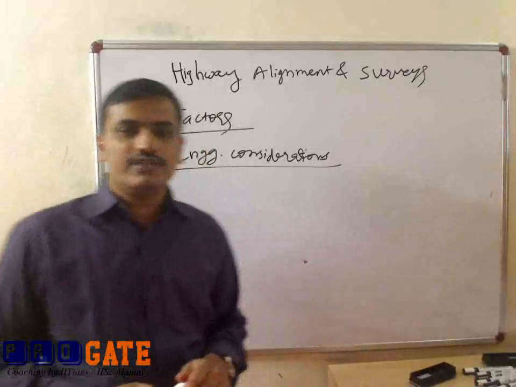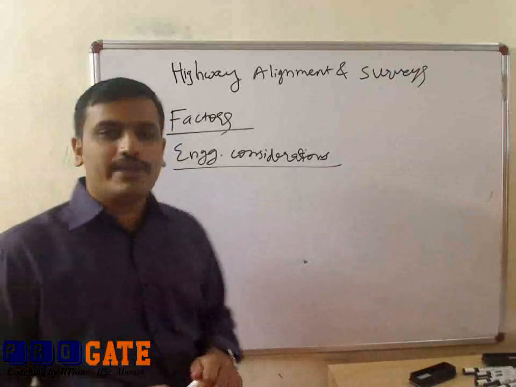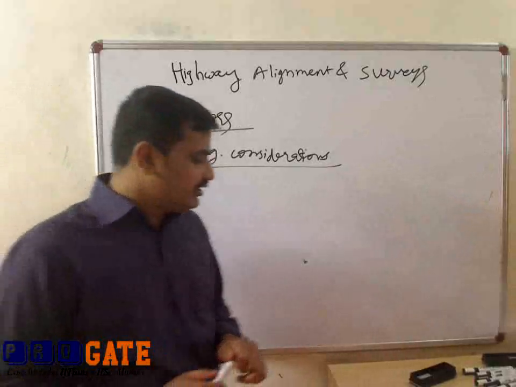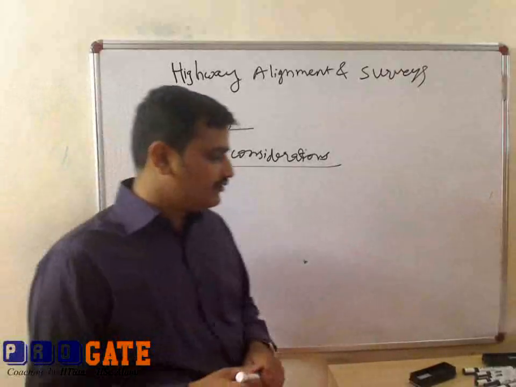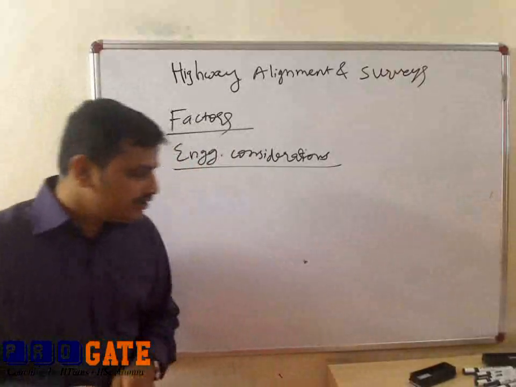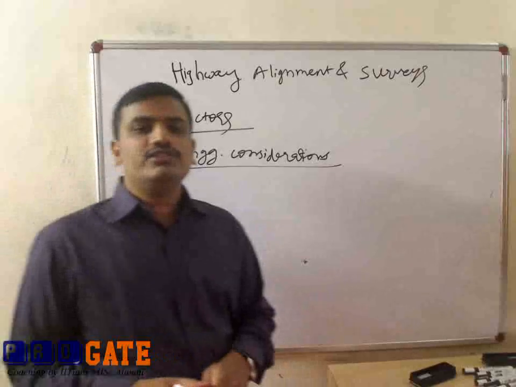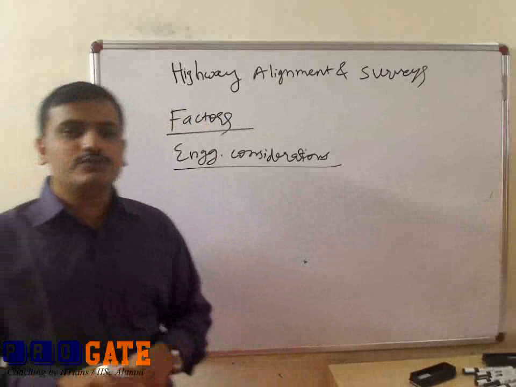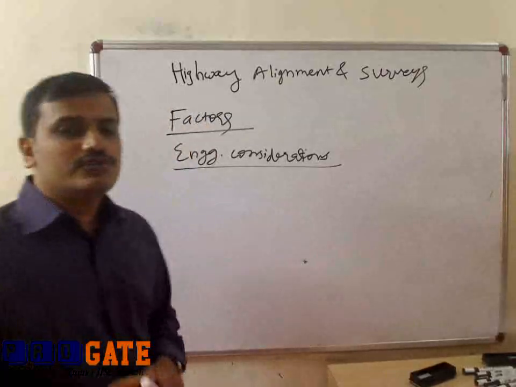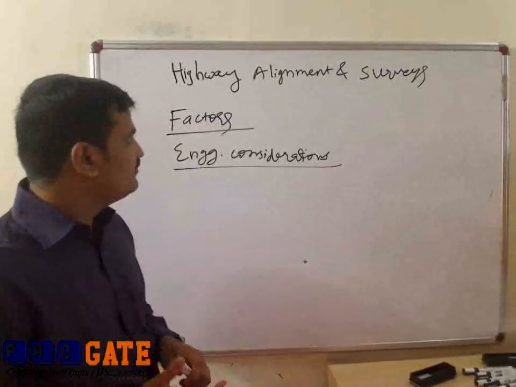Then the final location. After the map study, reconnaissance surveys and preliminary surveys, there should be the final location and detailed surveys. After finalization of the location and detailed surveys, the drawings and reports should be prepared to get the highway alignment finalization.